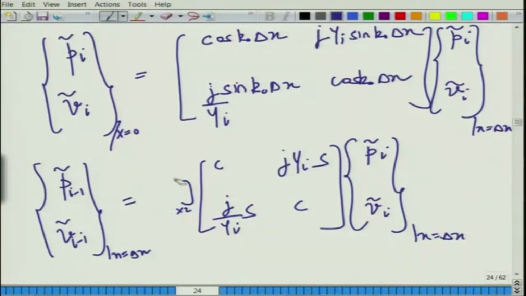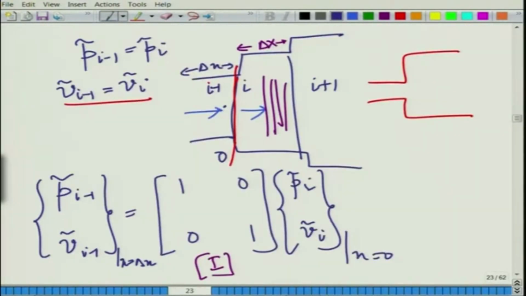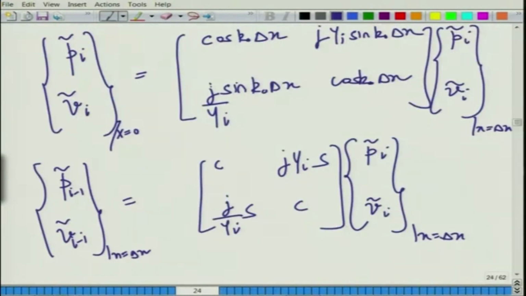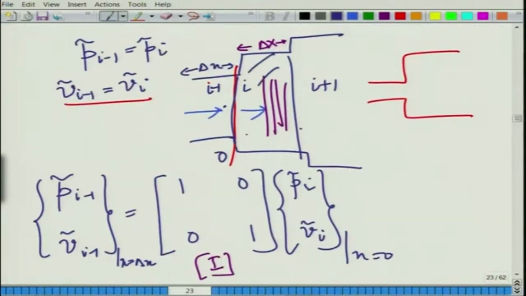So, the idea is that P I and V I at this discontinuity is related to the one here by a simple transfer matrix, which is valid for a uniform duct, where most important is Y I, the characteristic impedance for the ith duct, that is sound speed divided by the cross-sectional area of the ith duct.